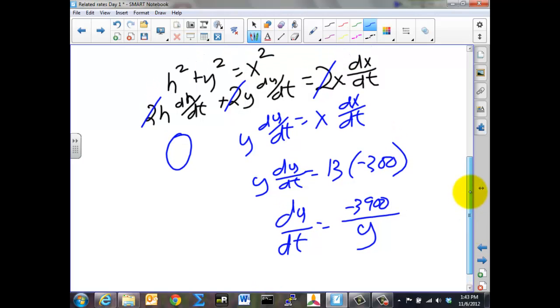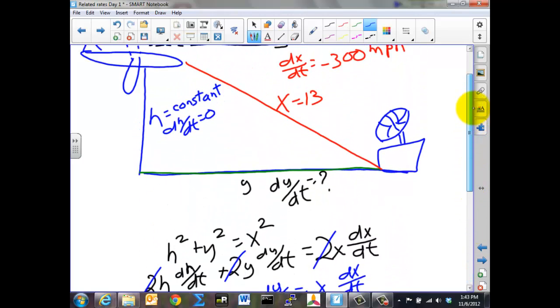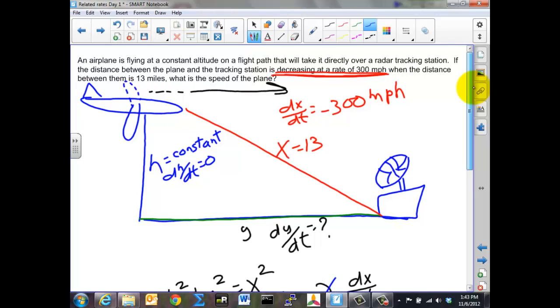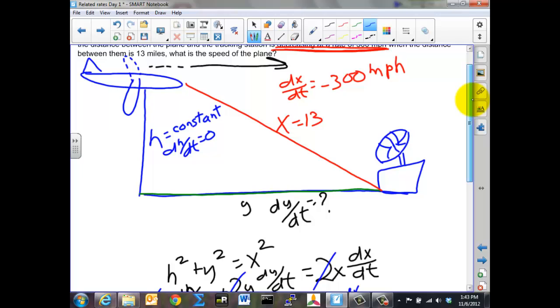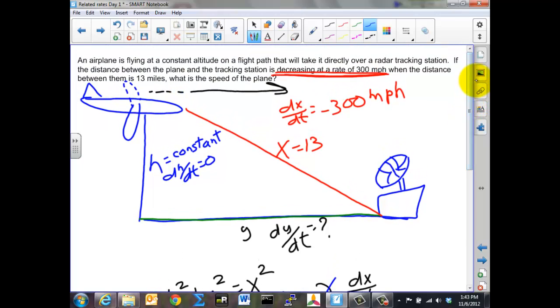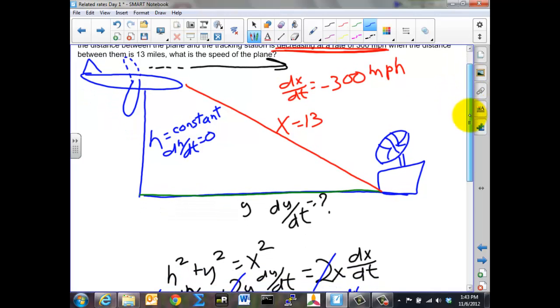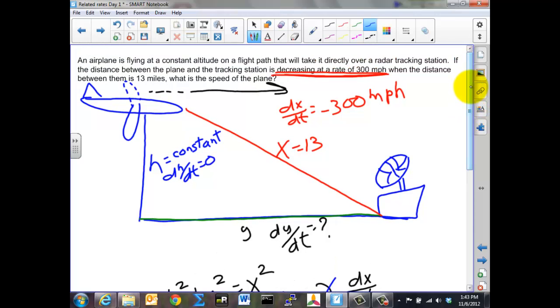Would you agree with that? Anybody see a way to figure out what y is? I was going to say we could plug it into our Pythagorean theorem down there, but we would need something for h, and we don't have anything for h.